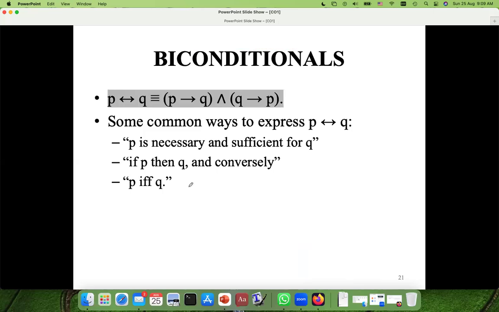Now moving on. Biconditional is also logically equivalent to this one: P implies Q and Q implies P. If you draw the truth table for P implies Q, and then calculate the values for Q implies P, and then perform the AND between these values in the truth table, the final values that you will have would be the same.